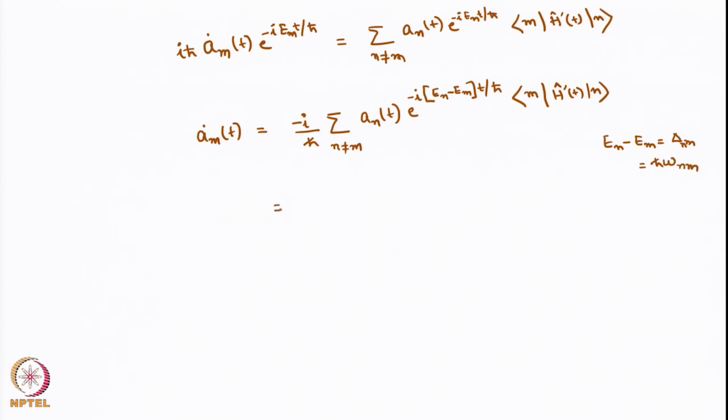So this will come out to be minus i by h bar sigma n not equal to m a_n of t e to the power of minus i omega_nm t <m|H'(t)|n>. Okay, this is a_m dot t.